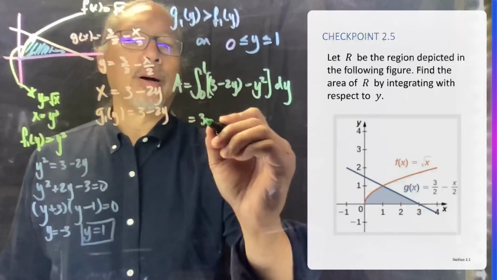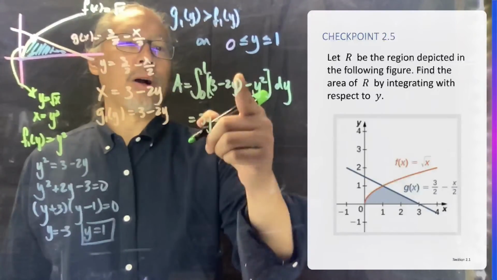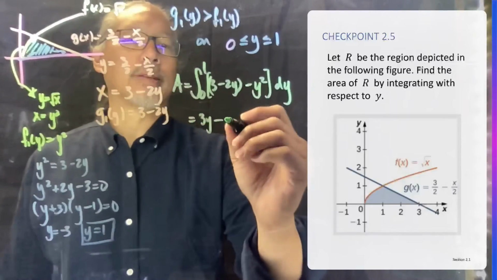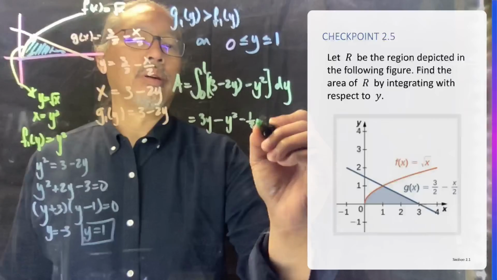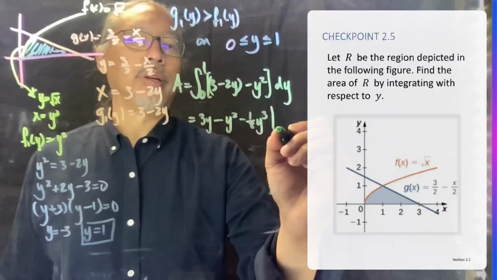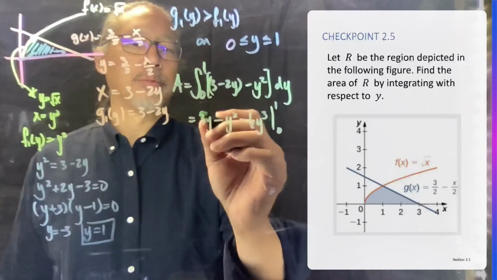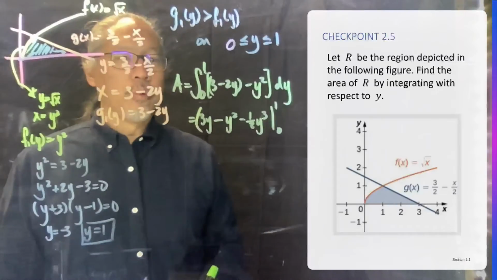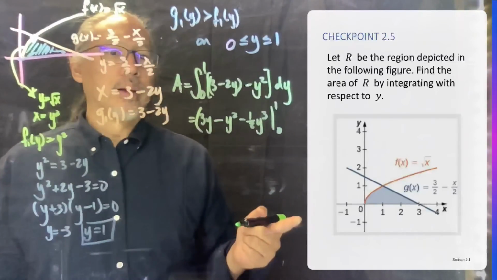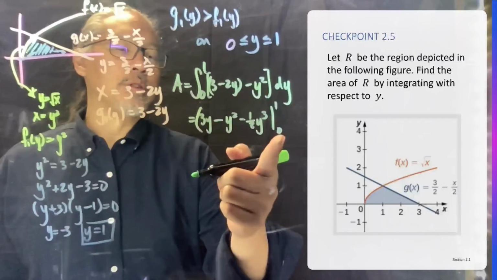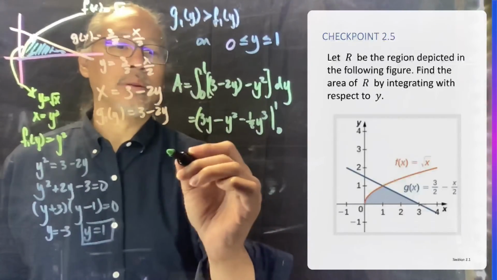We have 3y minus, this is y squared over 2, we'll cancel the 2, and then this is 1/3 y cubed. We're going to evaluate from 0 to 1. And when we put 0 in there, we'll get 0, so we'll just put 1.